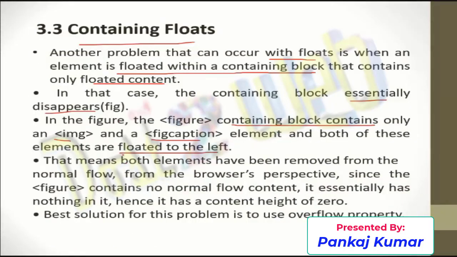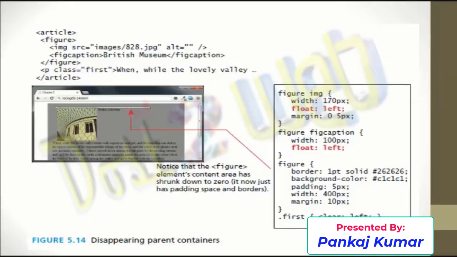This means the both elements have been removed from the normal flow, and from the browser's perspective, since the figure contains no normal flow content, definitely then what will happen? The content height will become 0. That's why, due to the content height being 0, the container is not displayed completely.